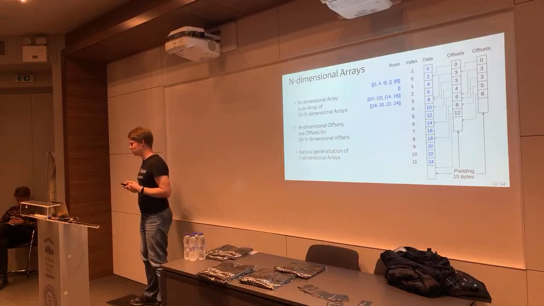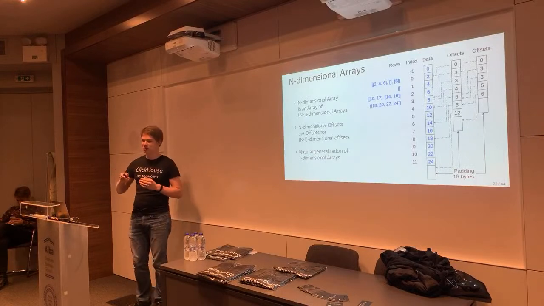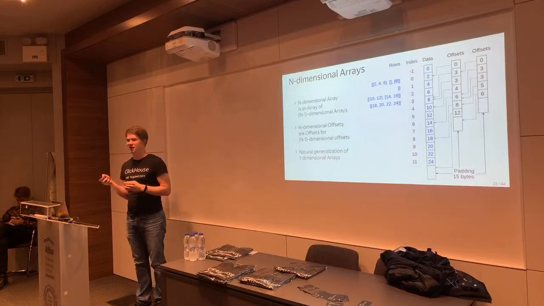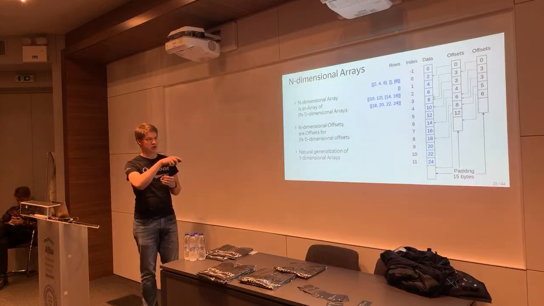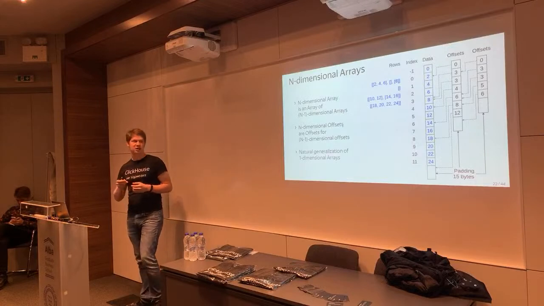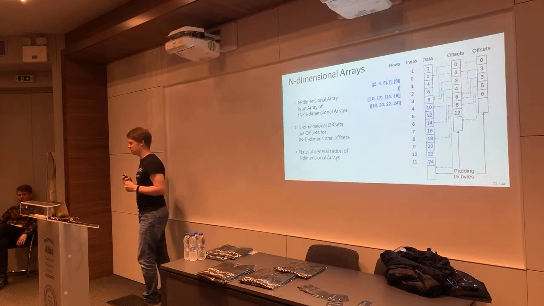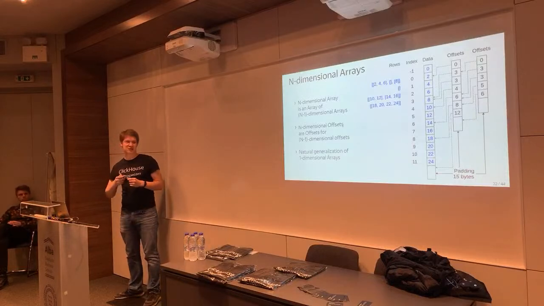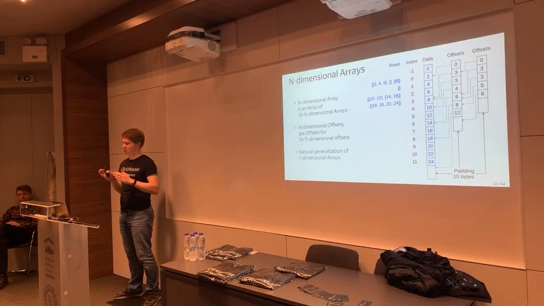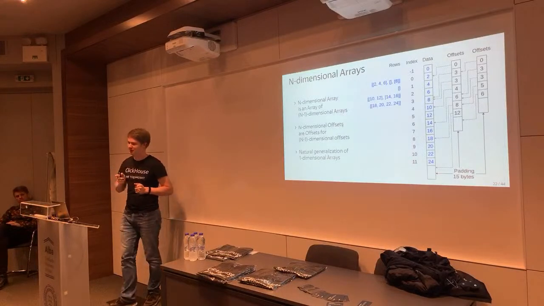Well, it doesn't actually bring any new information. Basically, an n-dimensional array is just an array of n-1 dimensional arrays. It has several levels of offsets, and the offsets of the next level point to the offsets of the previous level. If it is complicated, just look at this picture, think a little bit, and you will get it.